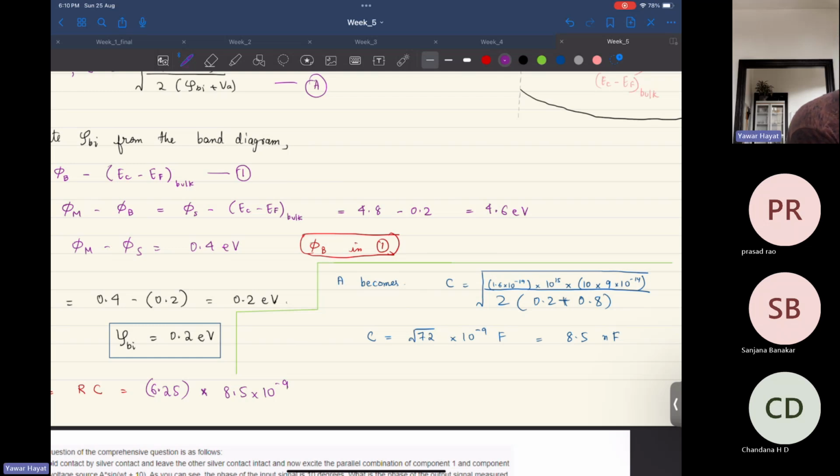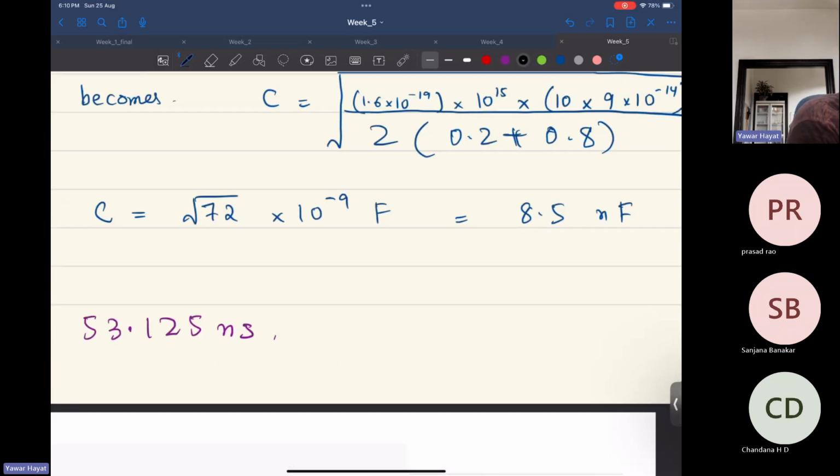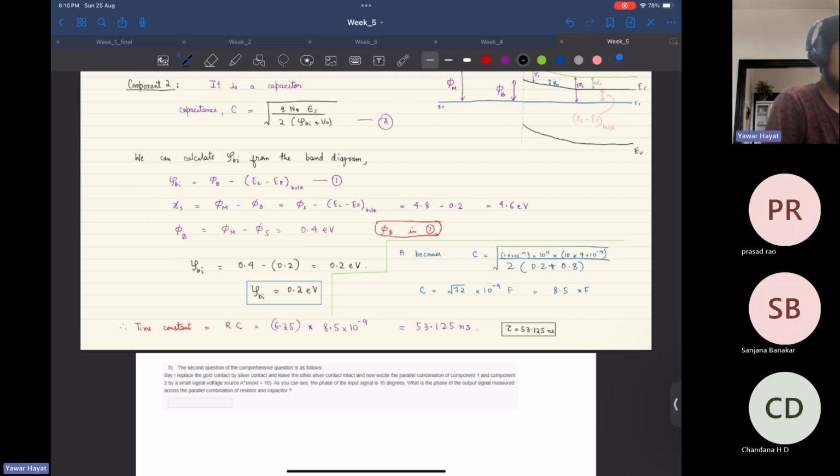Right. Which is 53.125 nanoseconds. Okay. That is this time constant tau. So I'll write this is tau is 53.125 nanoseconds. Done. Yeah, I hope this is clear.